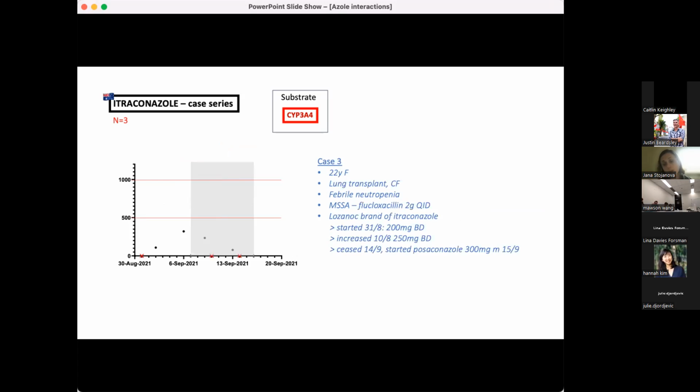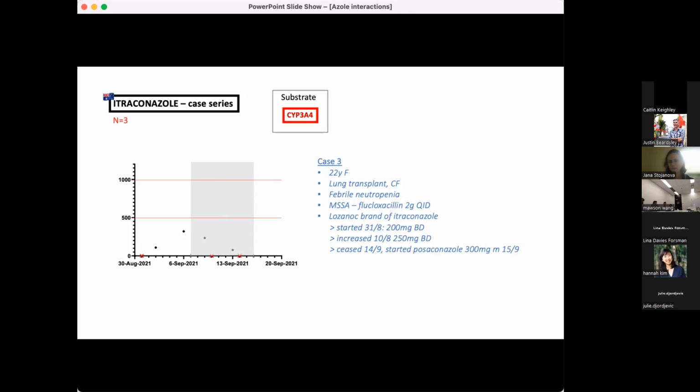And our last case is a 22-year-old lung transplant recipient who had CF. Again, she was started on flucloxacillin 2 grams 4 times a day. She had only really just started itraconazole, so in a sense, her levels are rising, reflecting a recent commencement. However, even with a dose increase to 250 milligrams twice a day at that second little cross indicated on the slide, she failed to increase the itraconazole levels and was started on posaconazole.